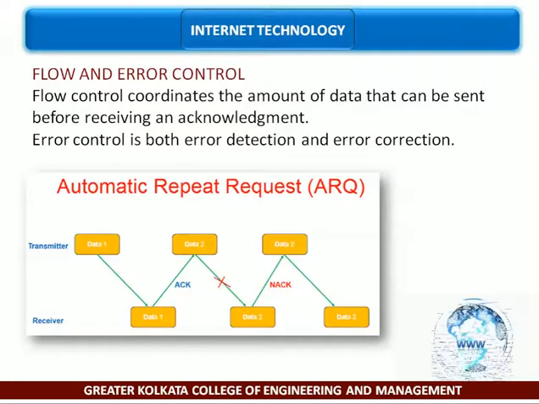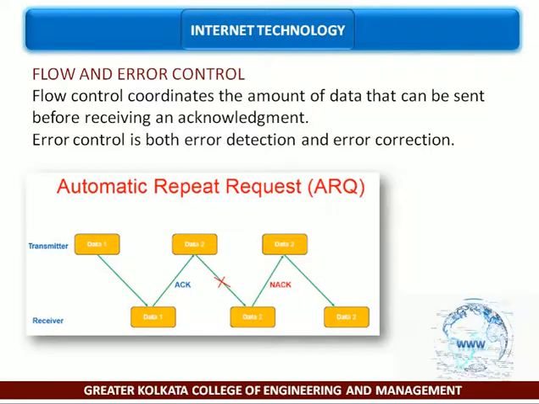Next one is flow control. It coordinates the amount of data that can be sent before receiving an acknowledgement and is one of the most important duties of the data link layer. In most protocols, flow control is a set of procedures that tells the sender how much data it can transmit before it must wait for an acknowledgement from the receiver.